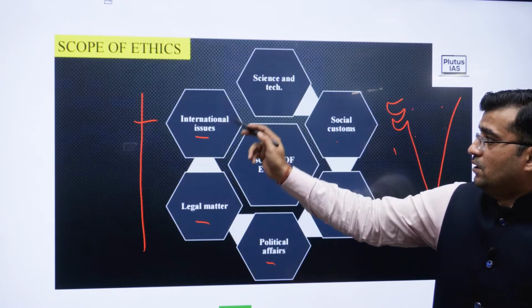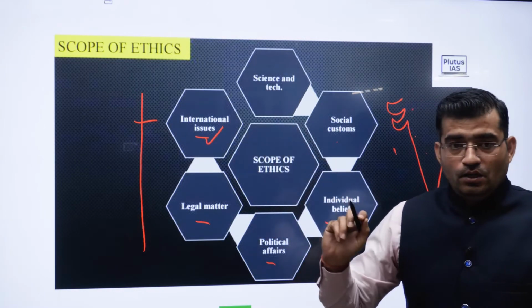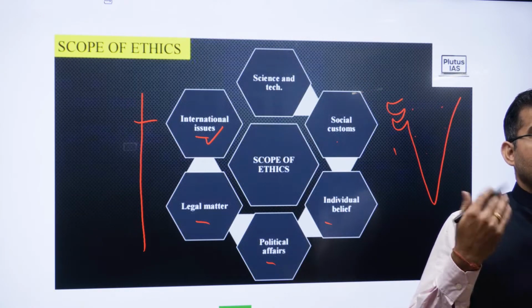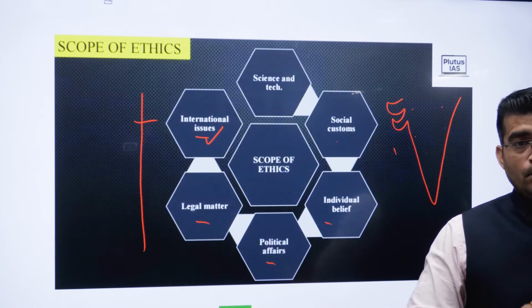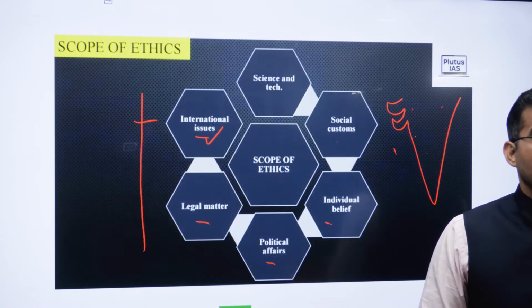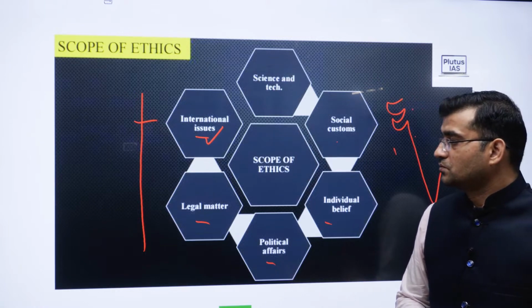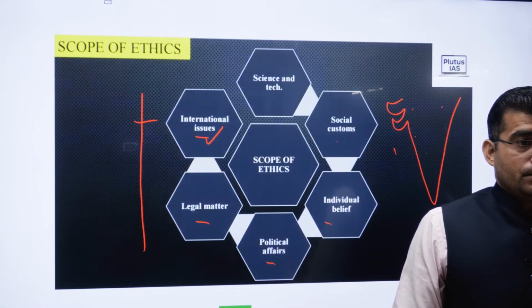First, international issue. In bracket, you can write migration. International issue like migration. War. Colonization.